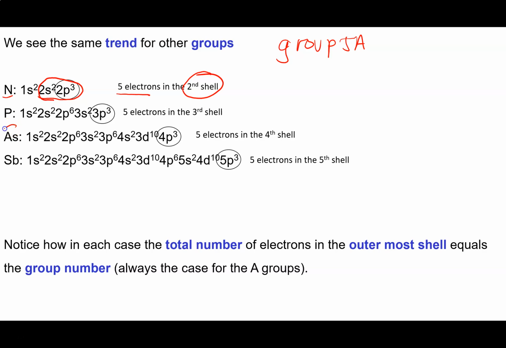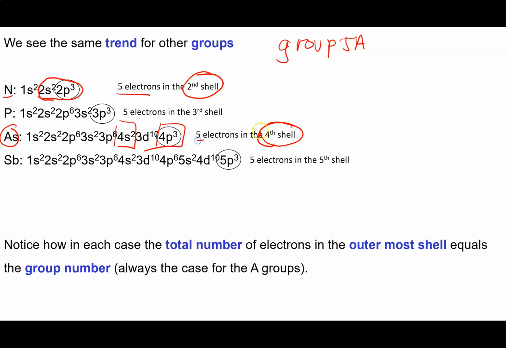If I go to arsenic, arsenic is in period 4, and sure enough, its highest shell, here it is, 4s2, 4p3, is the fourth shell, and it's got 2 plus 3, that's 5 electrons in that fourth shell.